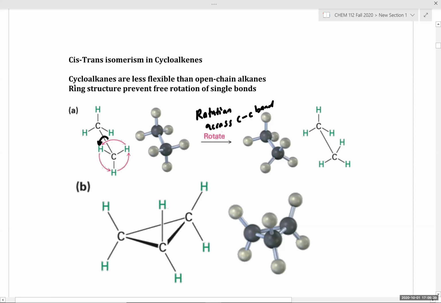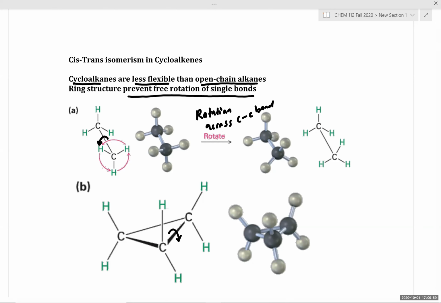Now, cycloalkanes are less flexible than open chain alkanes because the ring structure in turn prevents free rotation of our single bonds. We can't rotate our carbon-carbon bonds. They're locked in place as a result of this ring system.